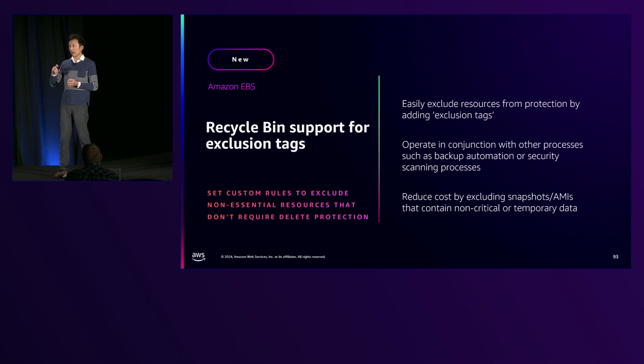Those snapshots are created purely to create a volume to perform the scanning, right? So customers are never really going to use those snapshots for recovery purposes. In this case, there's no point protecting them if they're deleted by making them go into Recycle Bin, so customers can add exclusion tags to the retention rule, and those snapshots or AMIs, once deleted, will just bypass Recycle Bin.